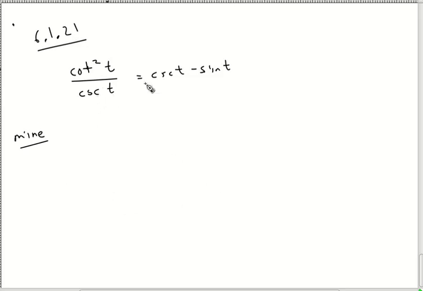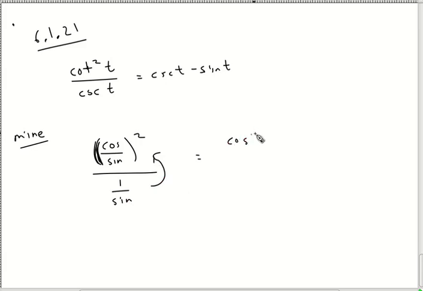I'm going to change everything into sine and cosine. So my cotangent is cosine over sine, and that's still all squared, like each of them is squared. Okay. And then divided by 1 over sine. I'm going to then flip this to the numerator. So I got, and I'm just going to start splitting things up.